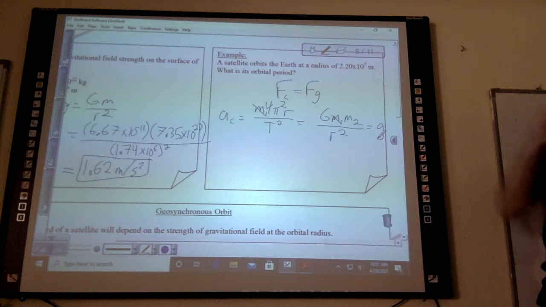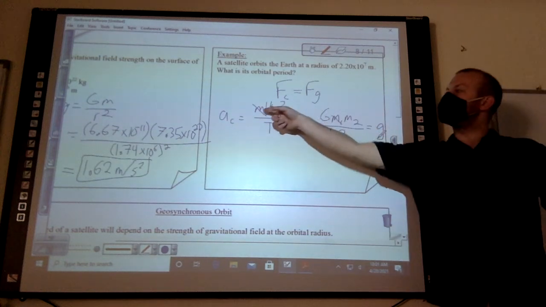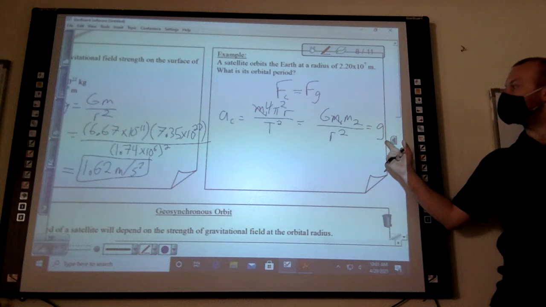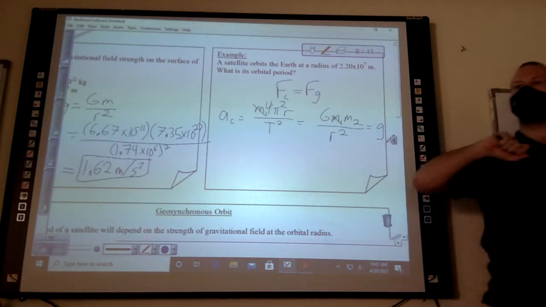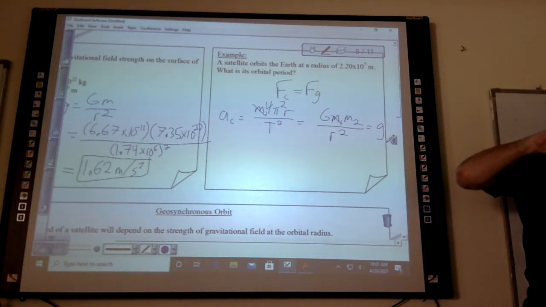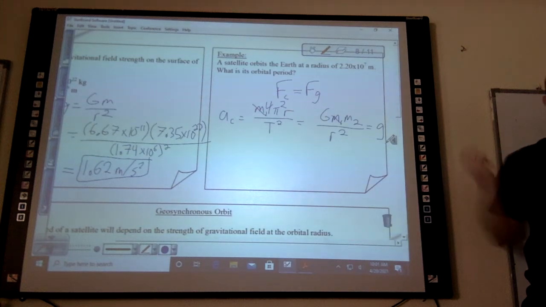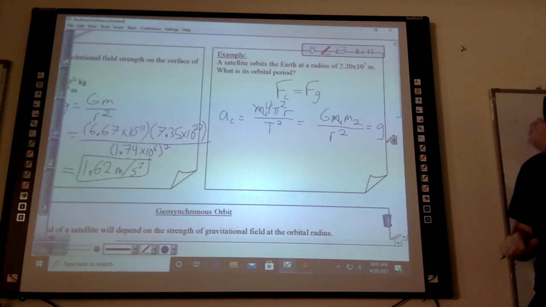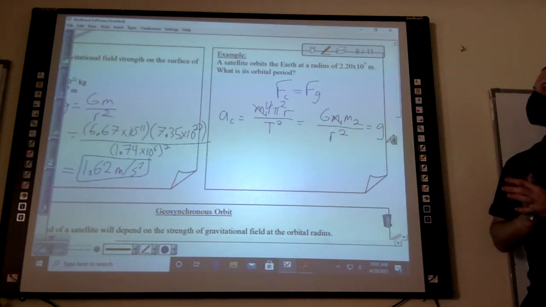You will find this is often the case, because you're going to be canceling out these masses anyways. So in a situation like this, yes, you could do Fc equals Fg, but you also know your acceleration due to gravity is equal to the centripetal acceleration. Because you only have one force acting. You've just got Fg.